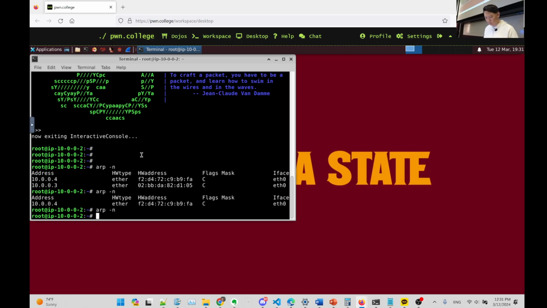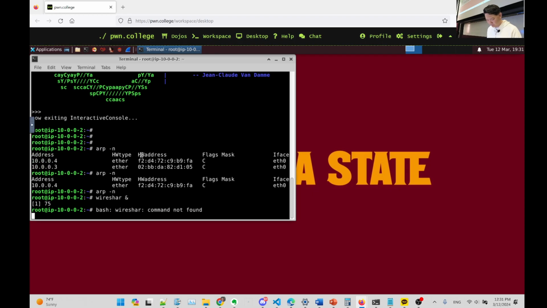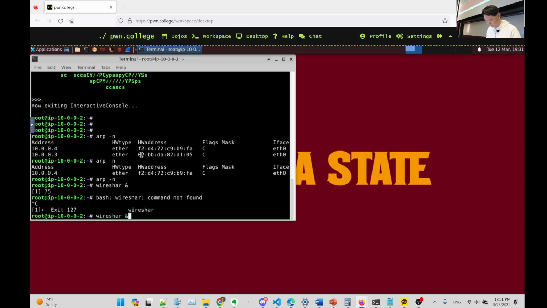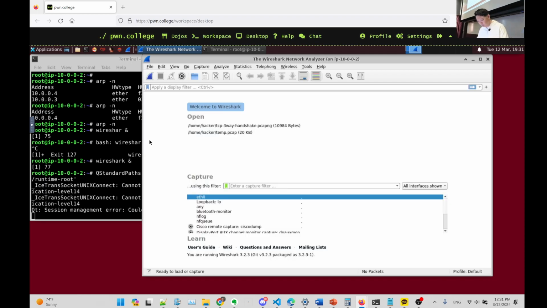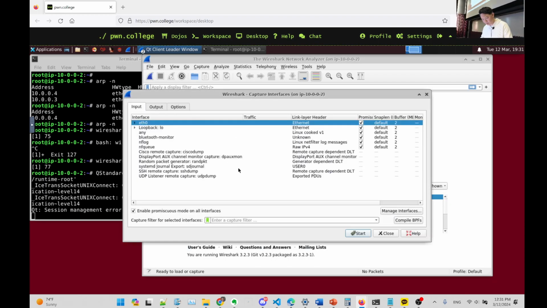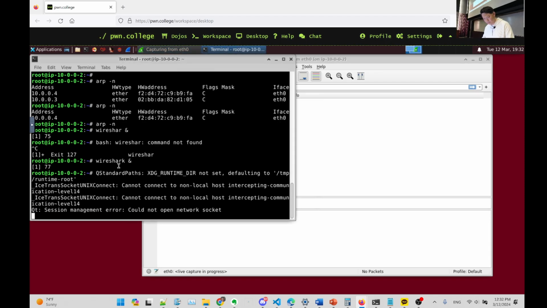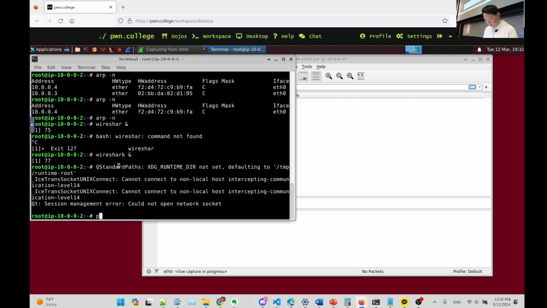Okay, let's check with Wireshark what changed. Let's run our Wireshark in the background and run the capture on eth0, and let's ping 10.0.0.3.